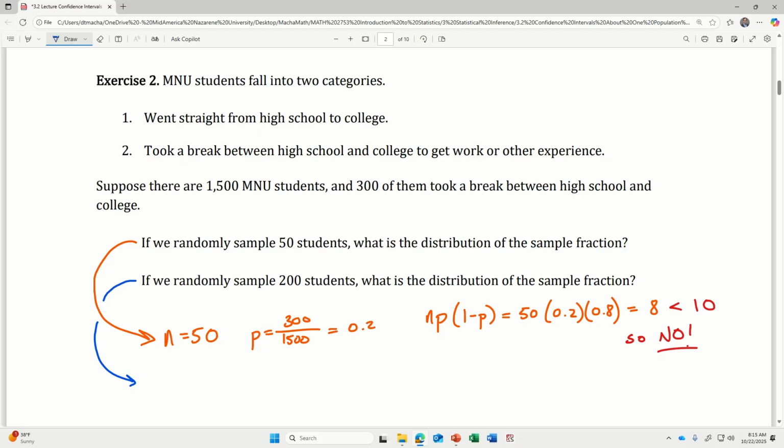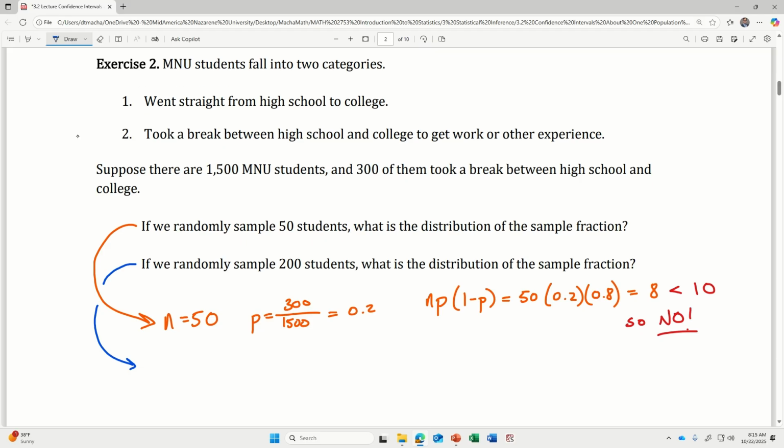In real life, if you already know the population fraction, then there's no point in trying to calculate a sample fraction. Nobody would care. In real life, you only try to calculate a sample fraction if you don't know the population fraction, but you want to know, right? If you're trying to learn those numbers. This is just kind of a backwards example because I'm trying to illustrate what the process looks like.